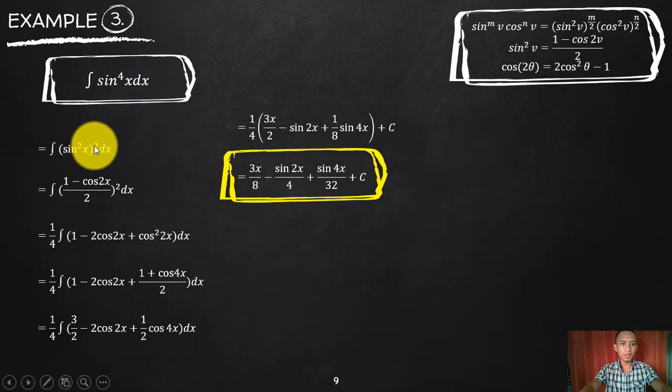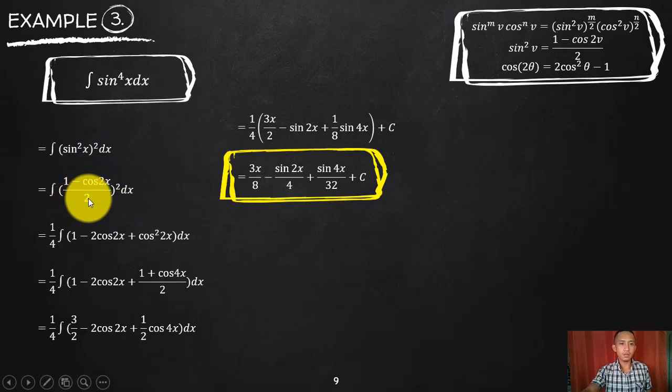If you are not sure, bring it back, that will still be 4. Now change sine squared using the identity: 1 minus cosine twice the angle. Your angle is x, so that becomes 2x, all over 2. Don't forget that this is still squared.